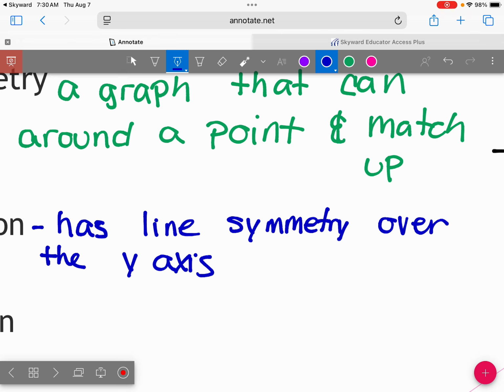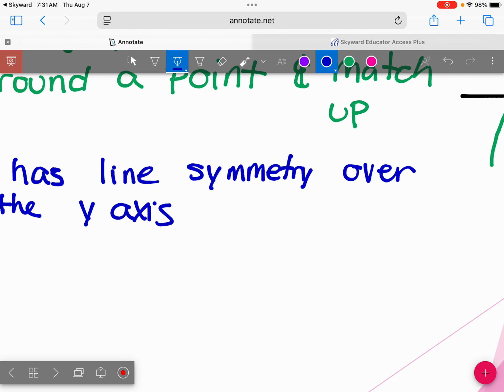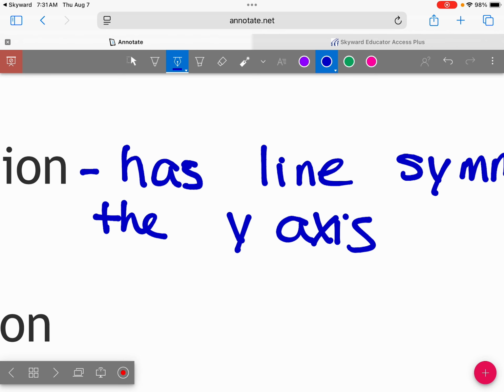There's a way to check it mathematically that we are going to have to talk about very, very briefly and do a little bit of, but it's not going to be something we do tons of.